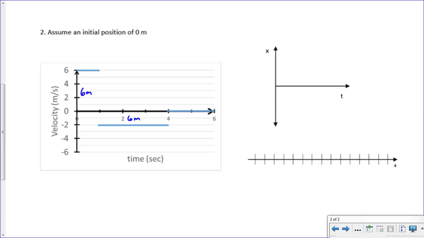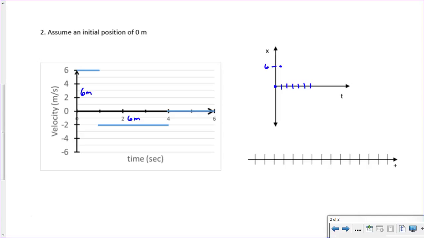So on this one, what we'll have is it's going to go up. Starts at 0, all right, and then by the first second, and I'll just trace in my 6 seconds here, 1, 2, 3, 4, 5, 6. After 1 second, it's up at 6. Here, up at 6.